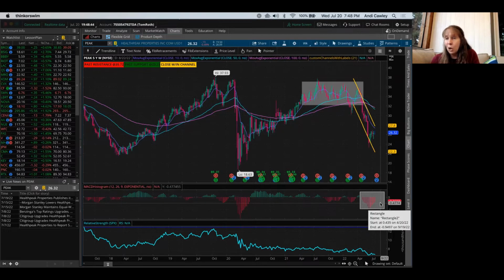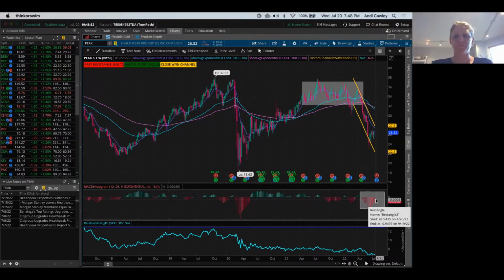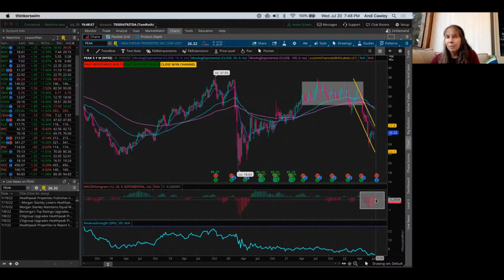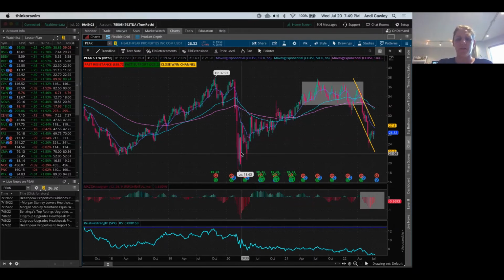But according to the strategy that we're applying, I would say this is not ready to change yet. It could just fall into a pattern where it's going sideways again.